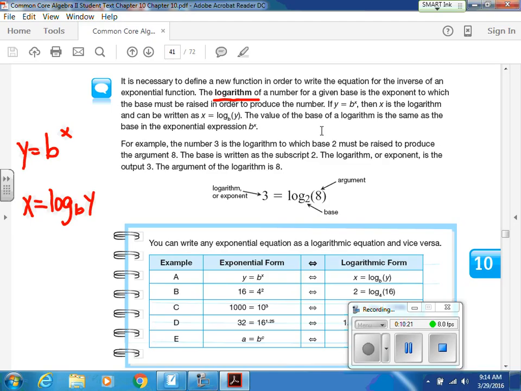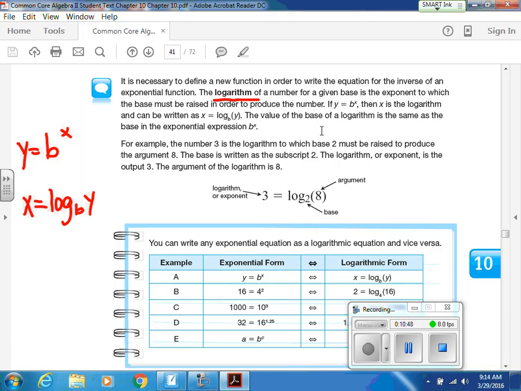So I come up with some sort of operation where what was the exponent is now the answer. See, a logarithm tells you what that exponent was. It goes from being the exponent to being the answer.